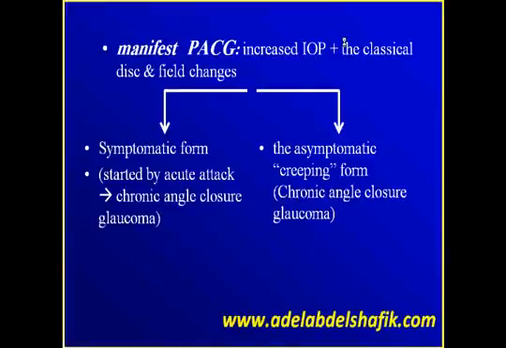We all know that. But many of us do not know that sometimes we have a gradual closure of the angle, and all the time there are no symptoms. So at the end you have a patient with never any history of acute attack of glaucoma, and he has high pressure, and you're going to diagnose him as open angle glaucoma unless you put a gonioscope and find it occluded.